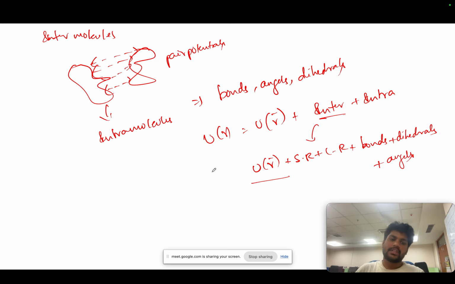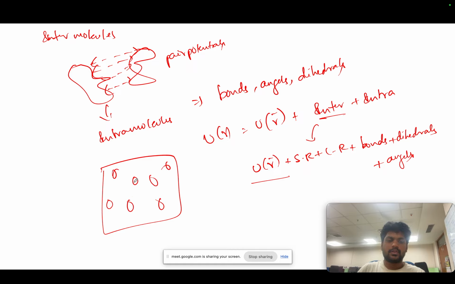And to remove the surface effect, the energy of the system should be the same, right? But the energy of this molecule will not be the same as the energy of this molecule, because it has a surface effect, where this molecule will not have the surface effect, it has only short range and long range interactions.